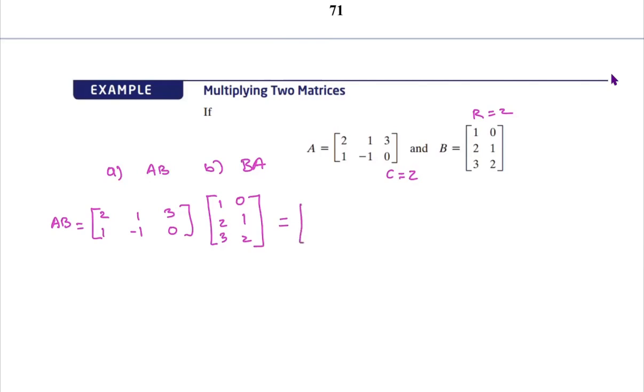So we're going to have a 2 by 2 matrix. A 2 by 2 matrix.